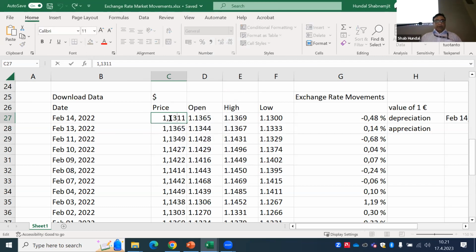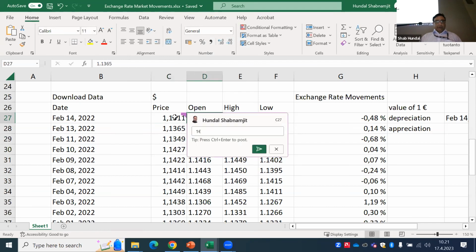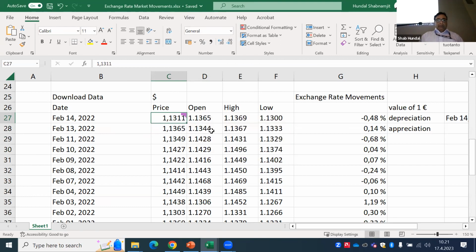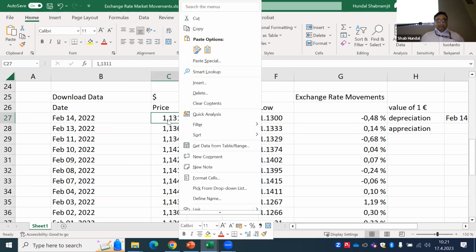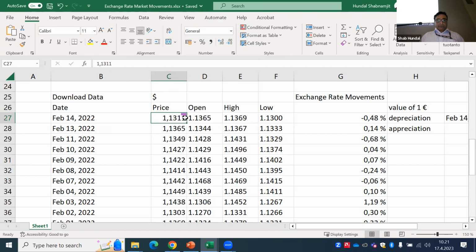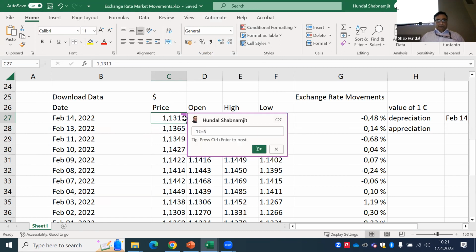I can put a new comment, okay? Right. So the price of €1 was equal to American dollars 1.1311. Can you see that?